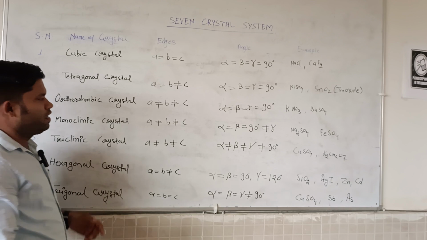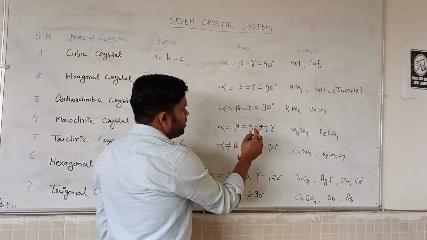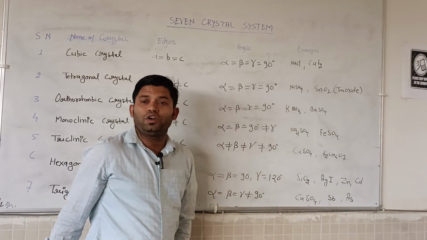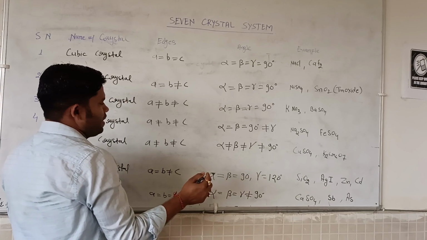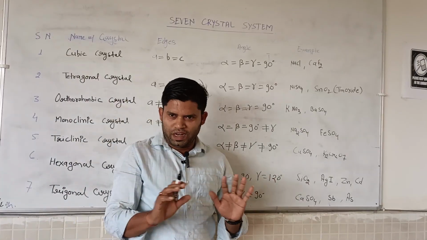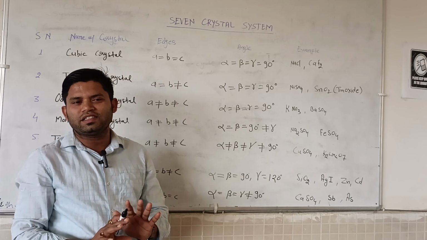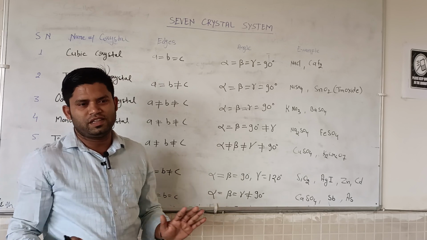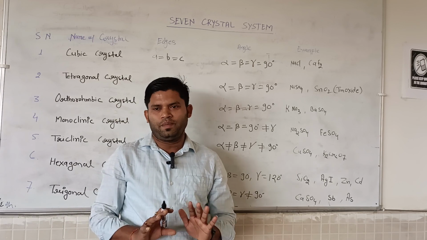In monoclinic, alpha equals beta equals 90, but not equal to gamma. Now triclinic, very clear. In triclinic, all the angles are not the same, that is, not mutually perpendicular.